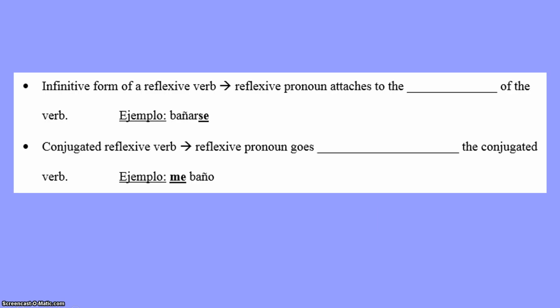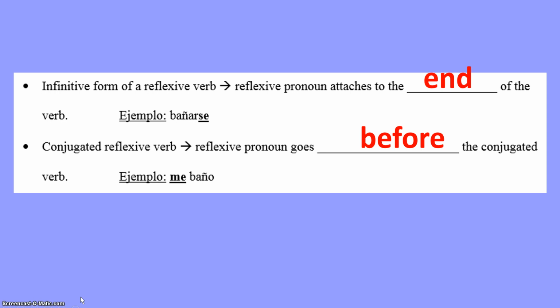When a reflexive verb is in the infinitive form, the reflexive pronoun attaches to the end of the verb. For example, bañarse. You can see that reflexive pronoun se is attached directly onto the end of bañar, bañarse. However, when we have a conjugated reflexive verb, the reflexive pronoun goes before the conjugated verb.